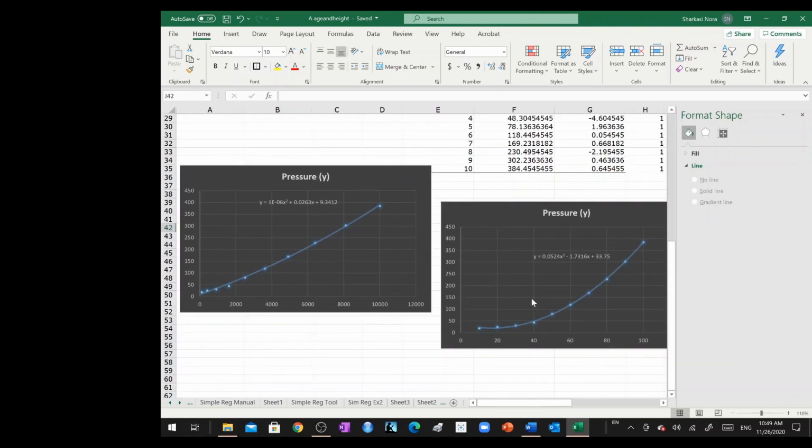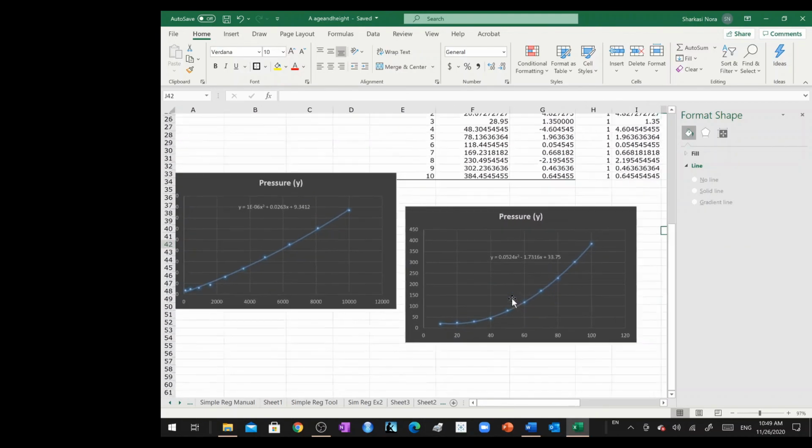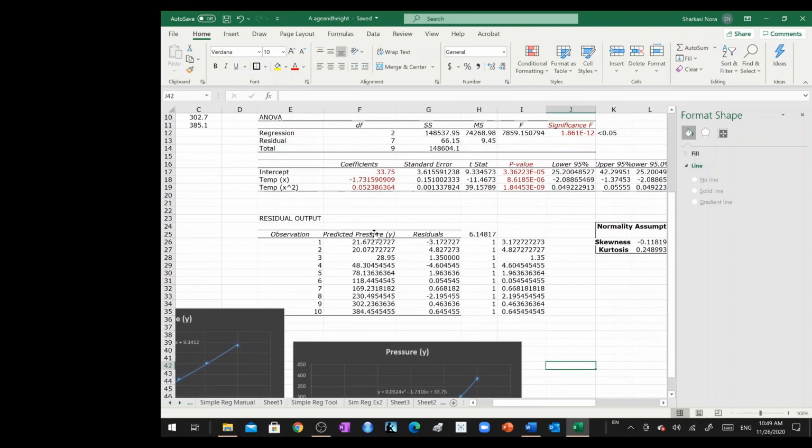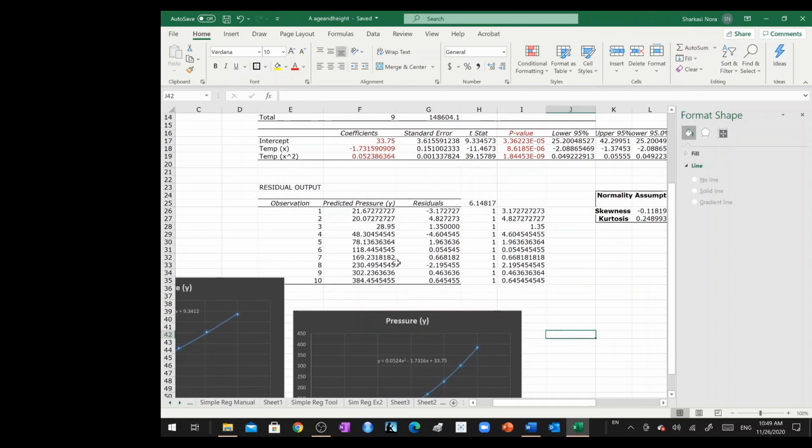something that I've noticed over here. Guys, take a look at this, for example. This is supposed to be 0.0524 x squared.